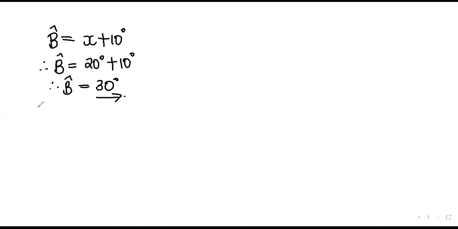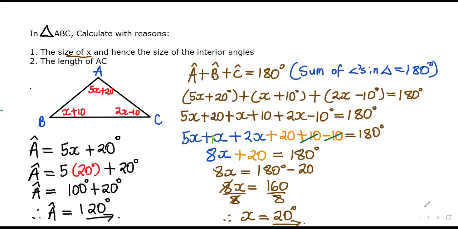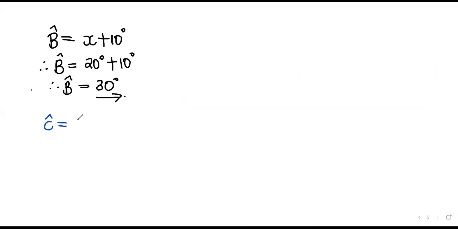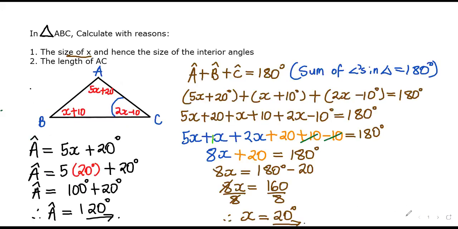And then now since you want to calculate the size of angle C, as you can check from the diagram, C is this angle that is giving us 2x minus 10. So we are having 2x minus 10 degrees. And then you're going to say angle C equals, that will be 2, and then open bracket. Now let's check the value of x.